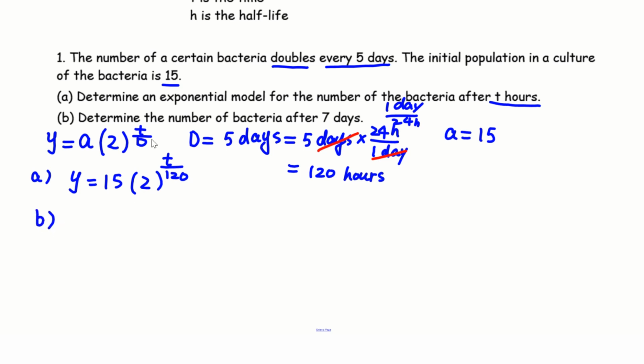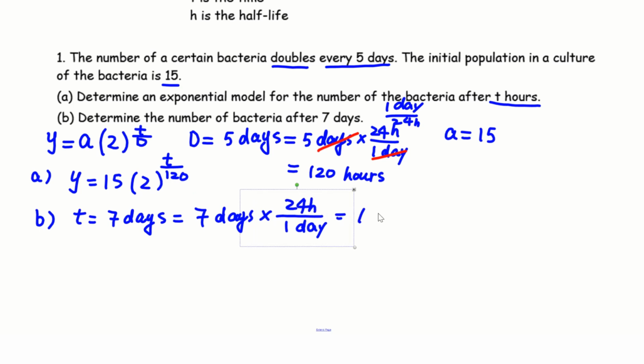So question B asks you to determine the number of bacteria after 7 days. So t equals 7 days now. And the same thing, we want to change it to hours. So 7 days times 24 hours over 1 day. We put day at the bottom, 24 hours on the top. So we are going to have 168 hours.